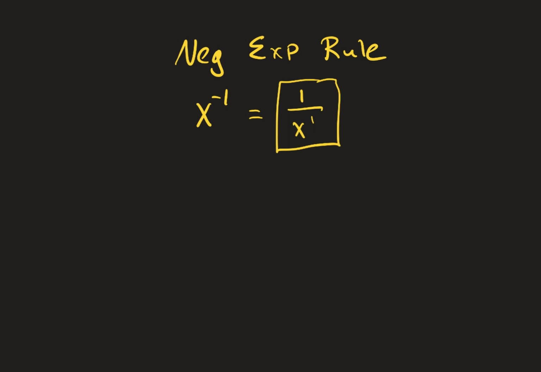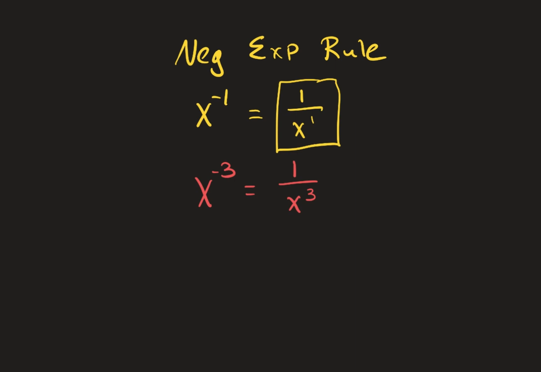So if we have then x to the negative third, we don't like that negative exponent. So the way we rewrite this is 1 over x to the third. So it just changes where it's at from the numerator to the denominator, and it becomes positive.